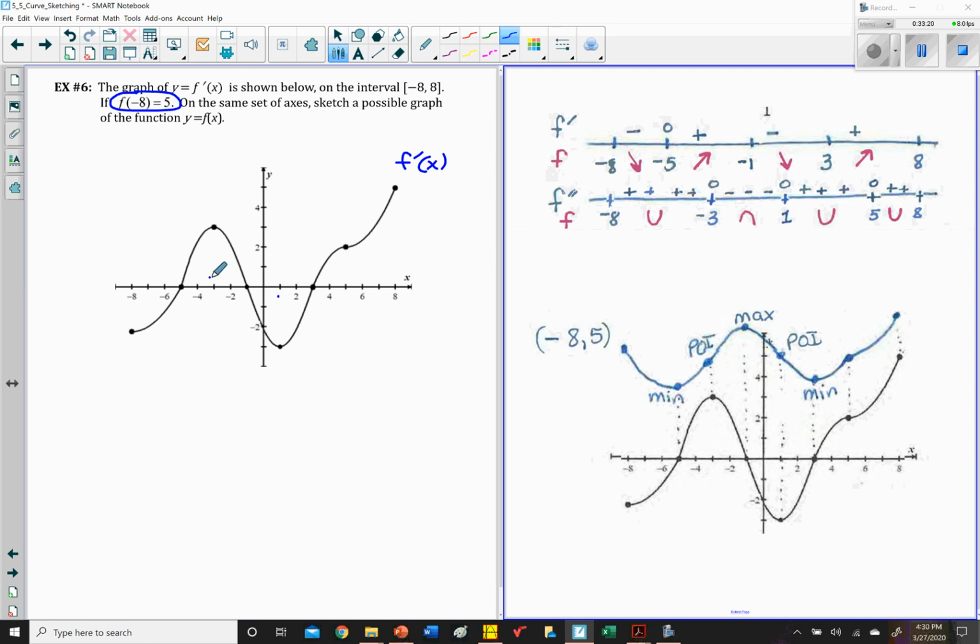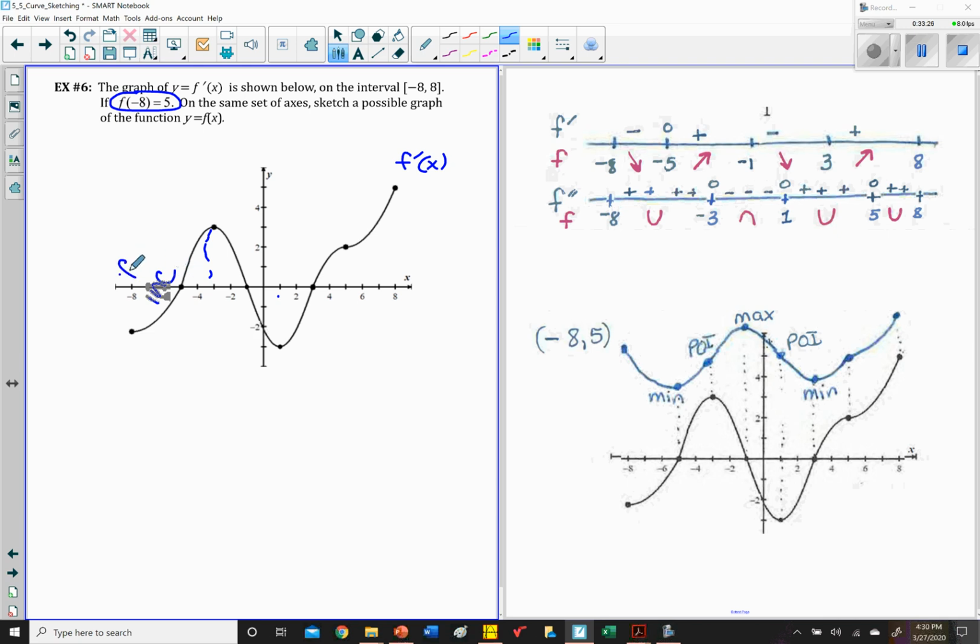See how I know that? This is increasing behavior. Increasing derivative means that the second derivative is positive. And then decreasing behavior over to here. So at 1, we're going to have concave down, and then increasing behavior everywhere else after that. Okay?